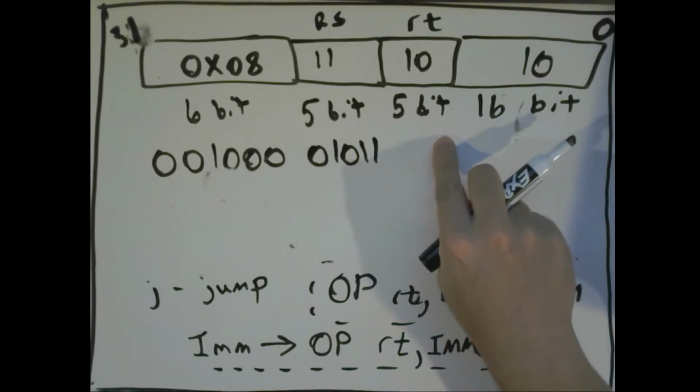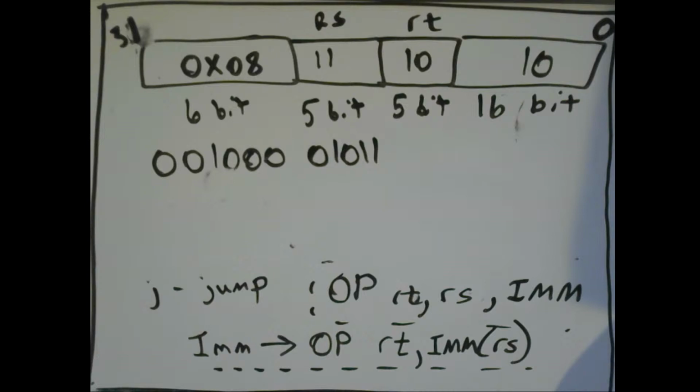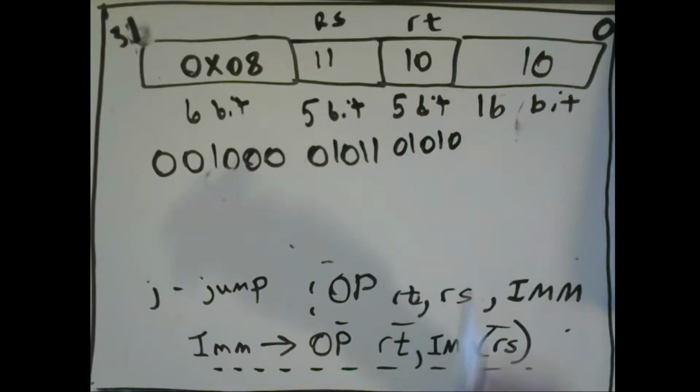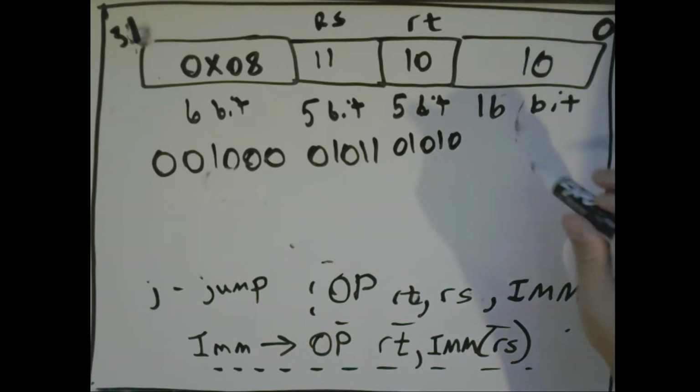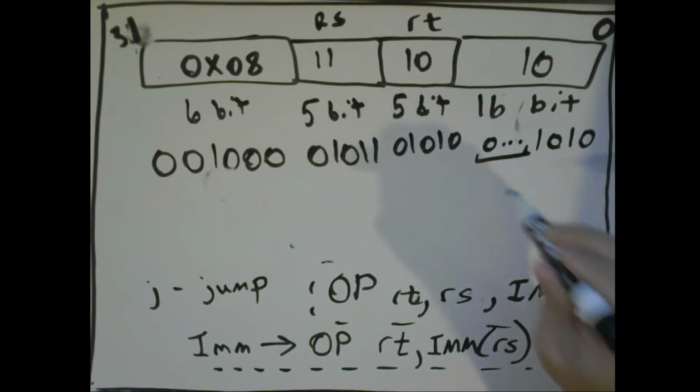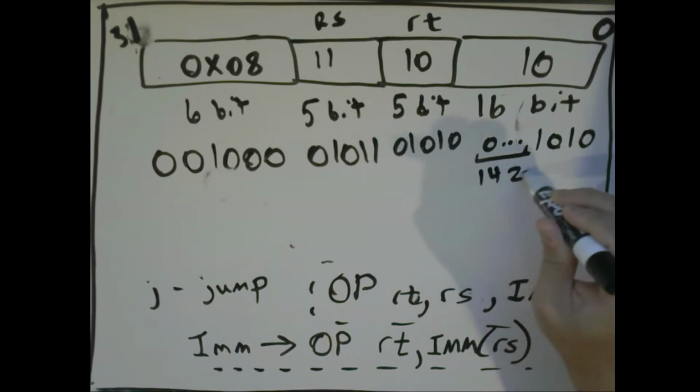For this 10, it's 1, 0, 1, 0, but I'm going to pad it and add a 0 right there. And then the immediate 10 we can write as 1, 0, 1, 0, and then we would have 14 zeros here.